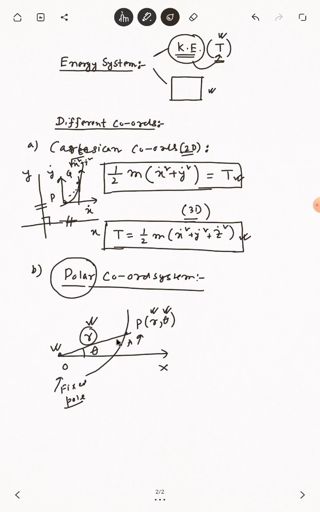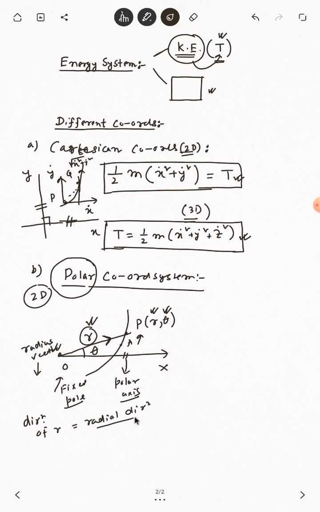And whenever a particle moves in a two-dimensional polar coordinate system, it has two velocities. One along the polar axis, that means this axis. This one is called the polar axis. This one, r, is called the radius vector. And the direction of r, this is important, just make a note of it carefully: the direction of r is the radial direction.